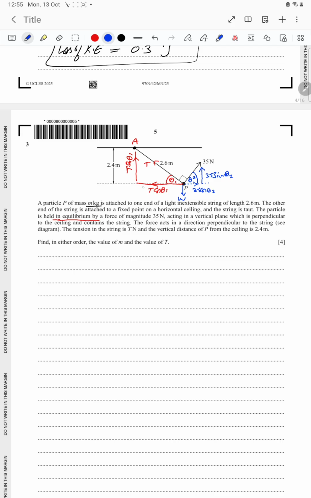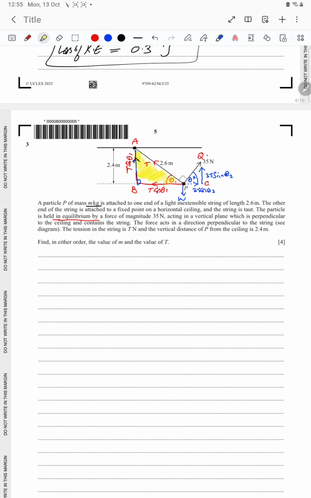As we know, this vertical height is given to be 2.4. Suppose I label this A, B here, P here, and C here, and Q here. I label the figure into 2 diagrams.